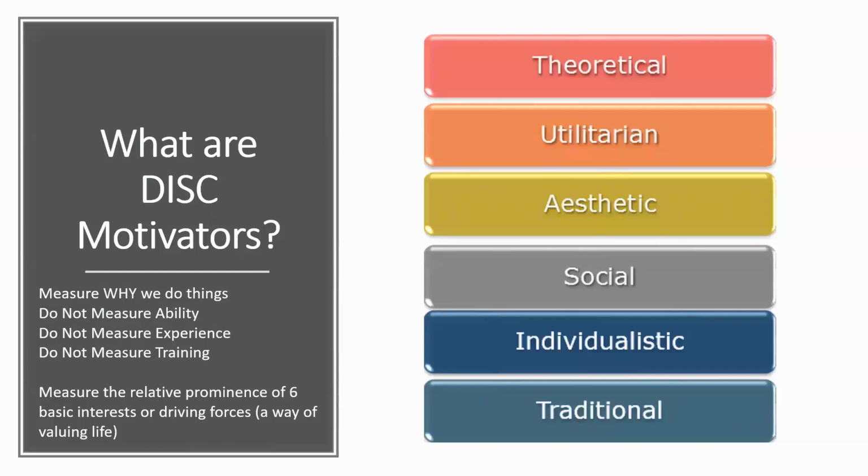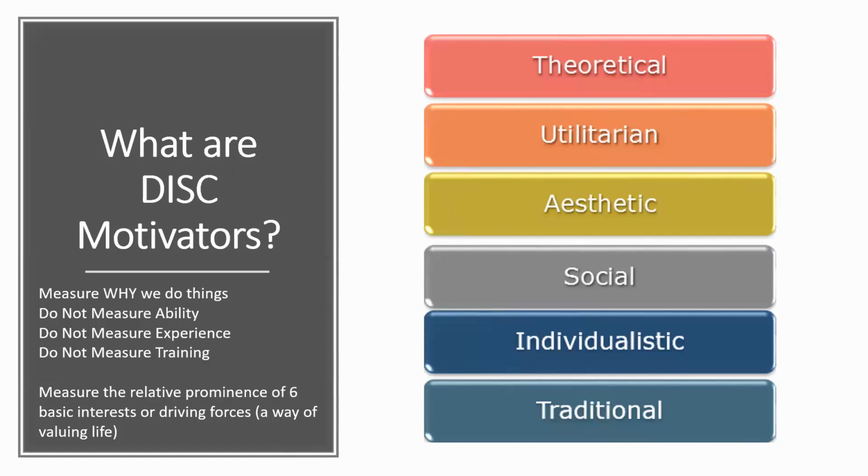So let's break down the 6 basic DISC motivators, and they each mean a different thing, and they may not mean what you think they might mean. These DISC motivators, just like DISC behaviors, when we use a motivators assessment, they measure why we do the things that we do.